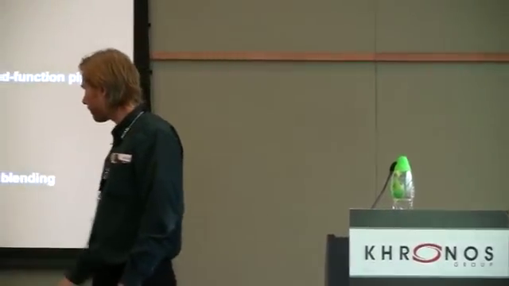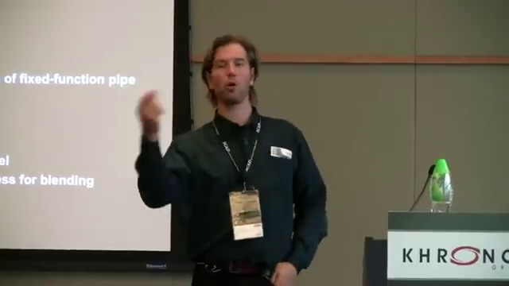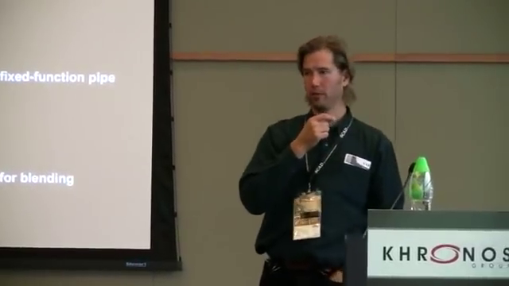Now, why these limitations? This allows the hardware implementations to do various optimizations, such as rasterizing different elements in parallel. So it can take all of the fragments from one triangle and rasterize them in parallel. That makes it faster. Also, when you do blending, you need to get the previous color value so that you can do the blending.